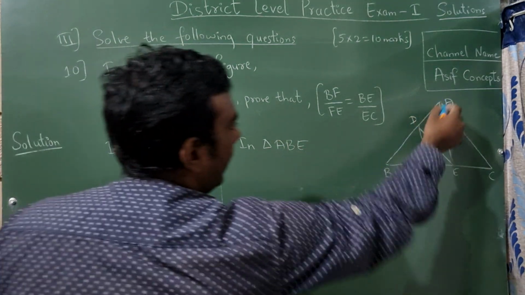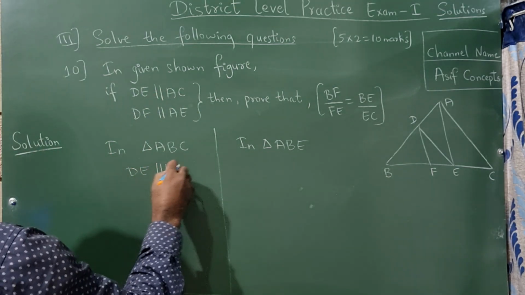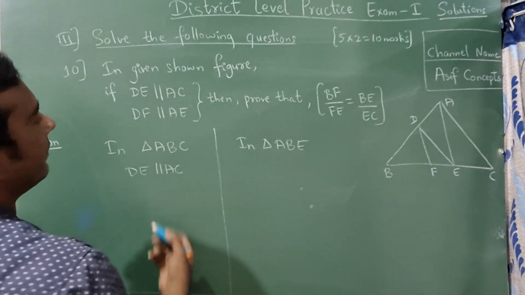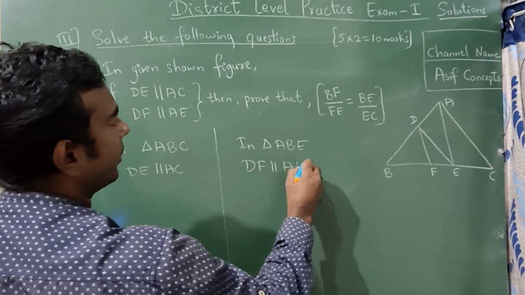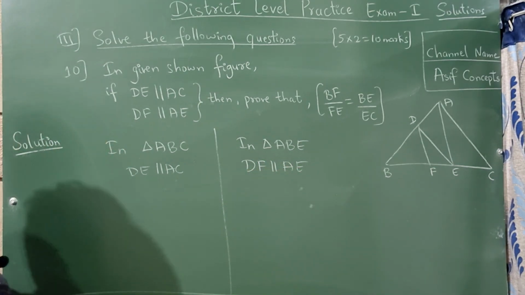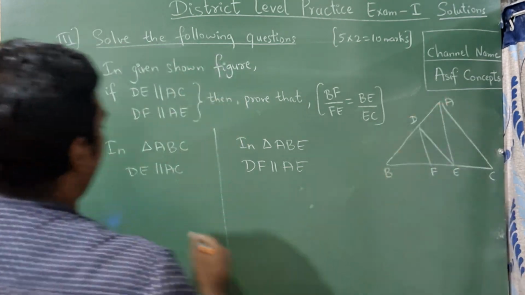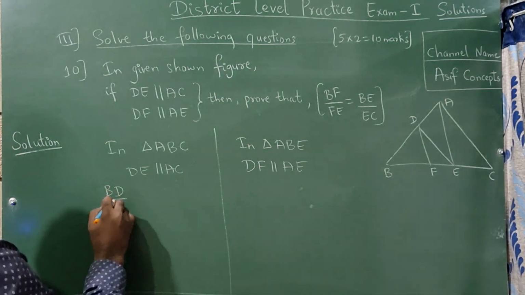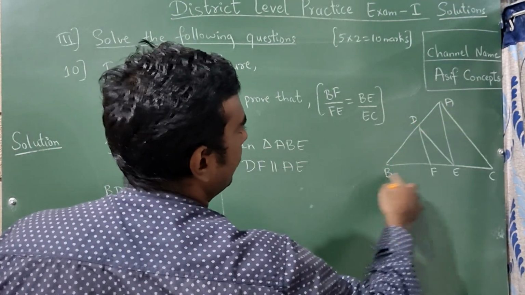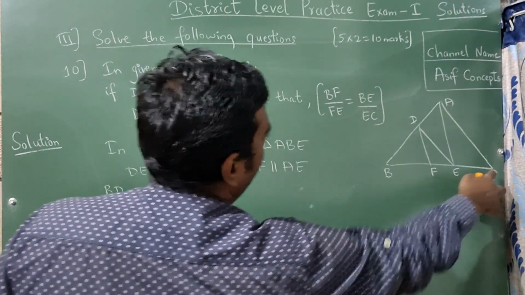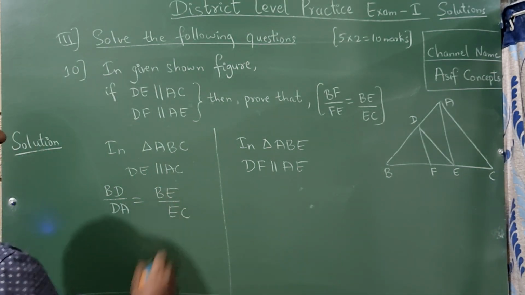In this ABC, I am going to write DE is parallel to AC as given, and DF is parallel to AE. Now in ABC, BD divided by DA is equal to BE by EC.